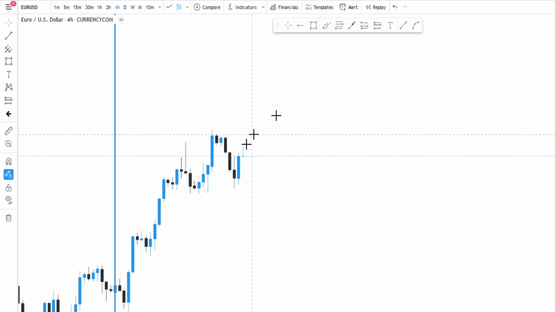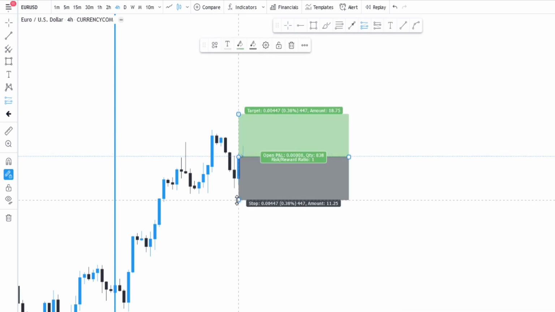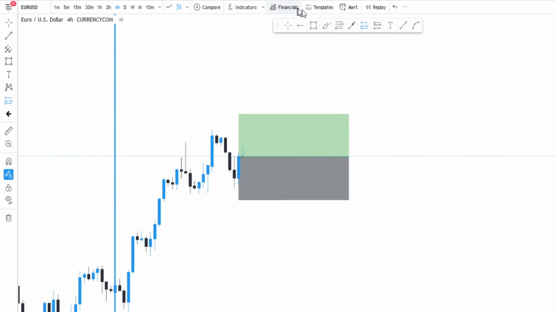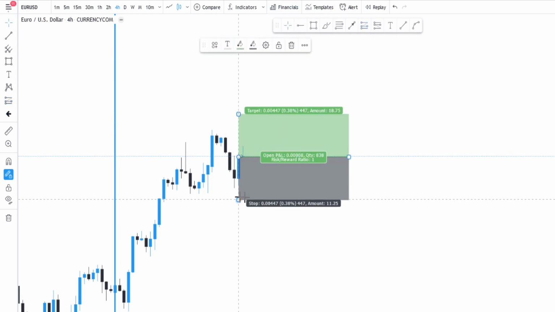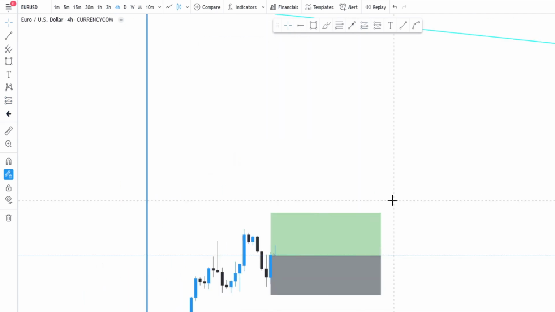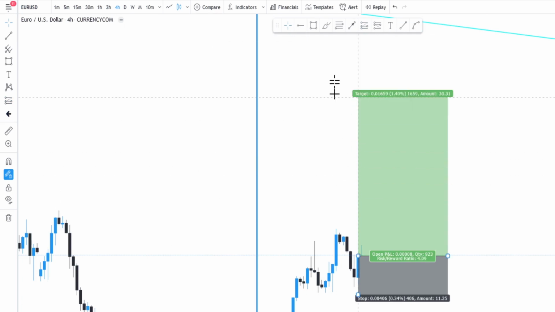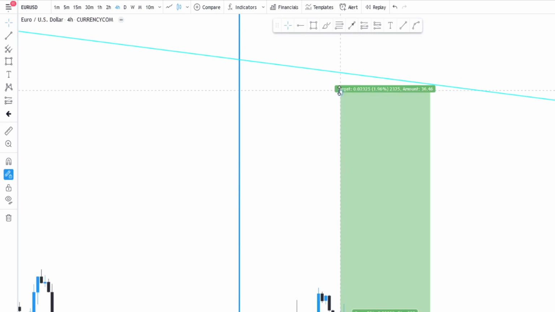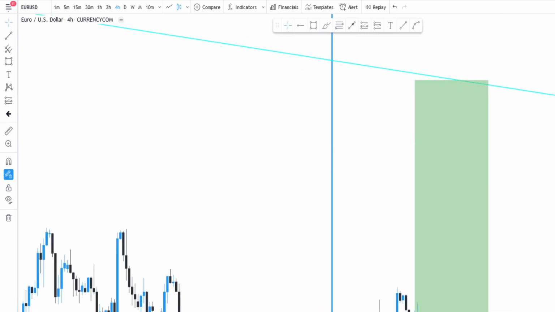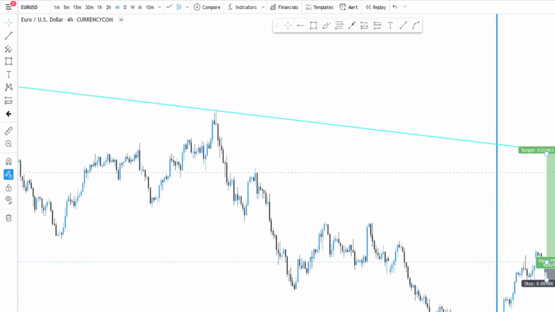So here we can open our trades on Monday at the open of the market and place our stop right here or here, depends on you. You can place it as a swing trader, you can place it like this. It will go up like this.